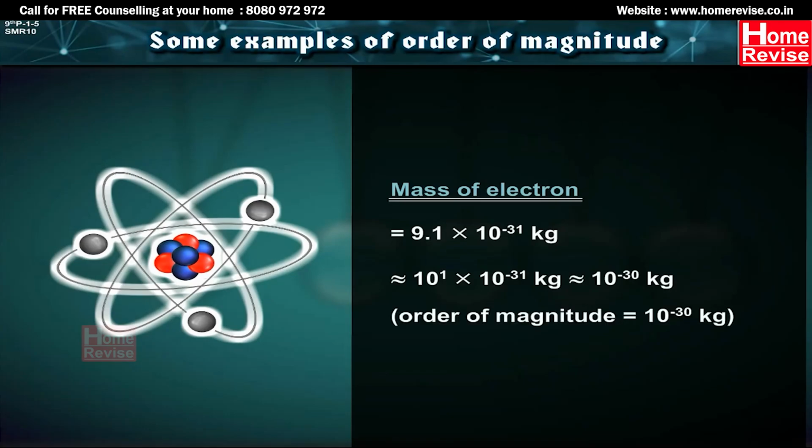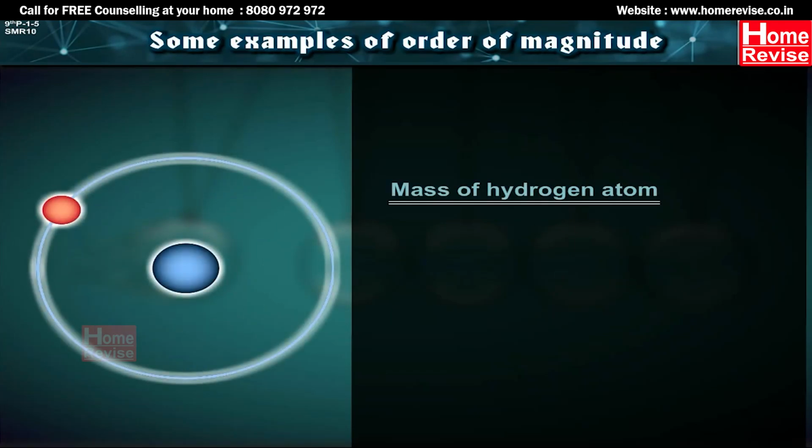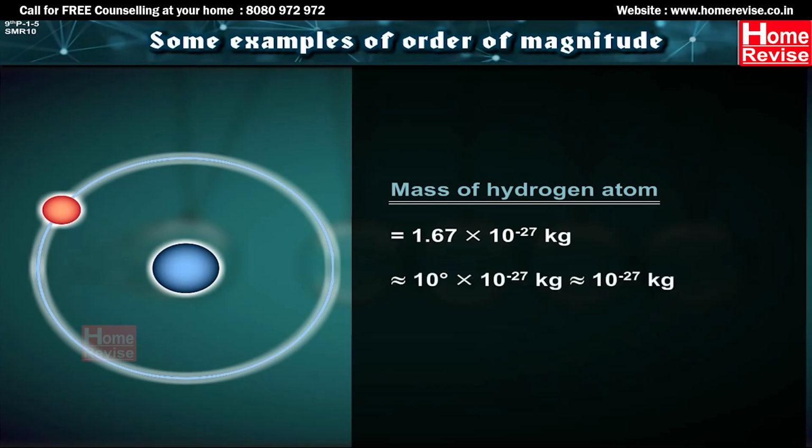Order of magnitude is equal to 10 raised to minus 30 kg. Mass of hydrogen atom is equal to 1.67 into 10 raised to minus 27 kg, which is nearly equal to 10 raised to 0 into 10 raised to minus 27 kg, that is nearly equal to 10 raised to minus 27 kg. Order of magnitude is equal to 10 raised to minus 27 kg.